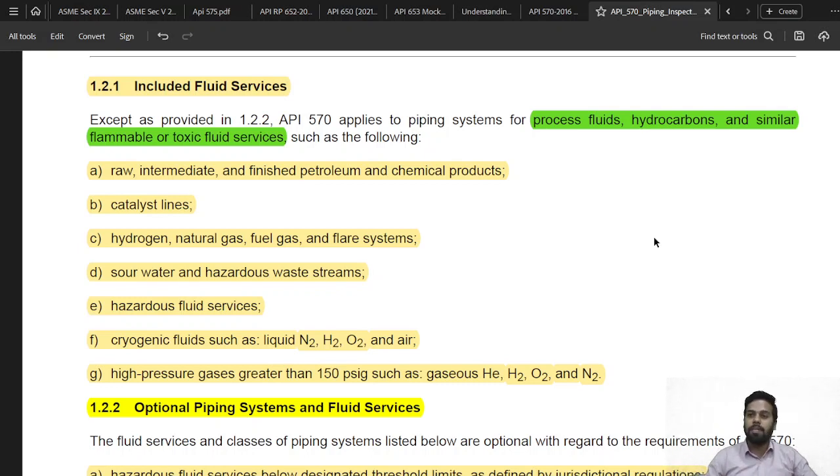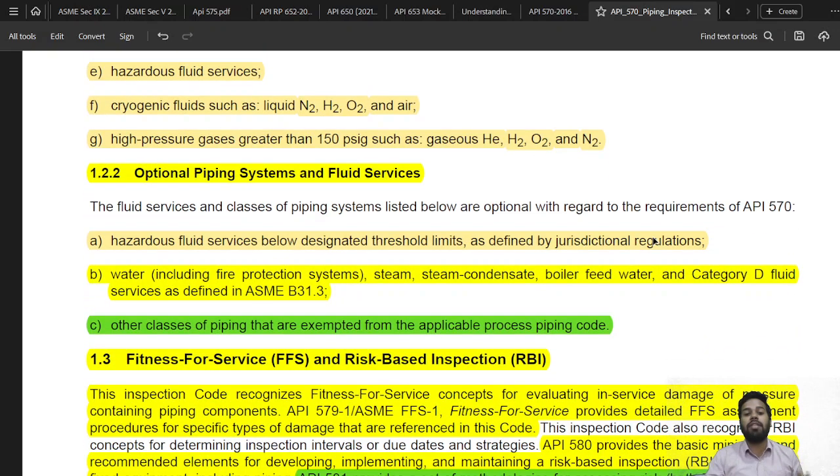All of these are included in the fluid services as per the requirements of API 570. So any pipe that carries these is in compliance with API 570. Optional services are optional. You can use API 570 there, or you might not use it also. Okay. The fluid services are classes of the piping system listed below and are optional with regard to the requirements of API 570.